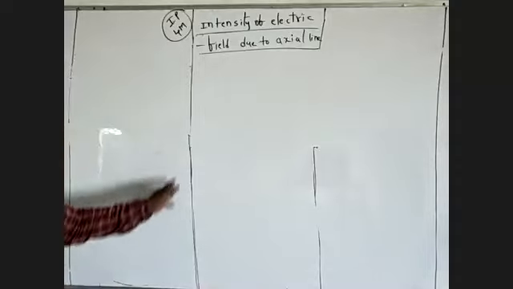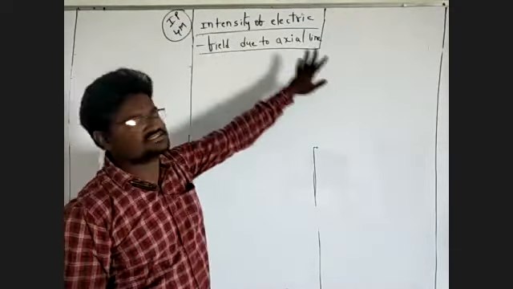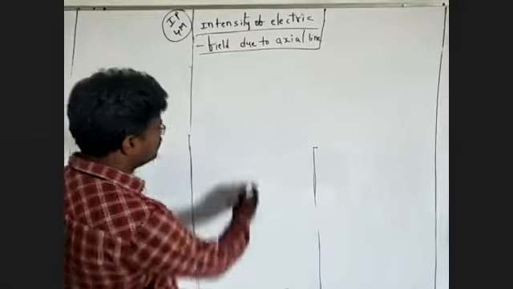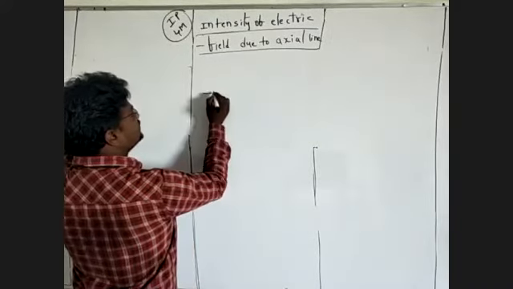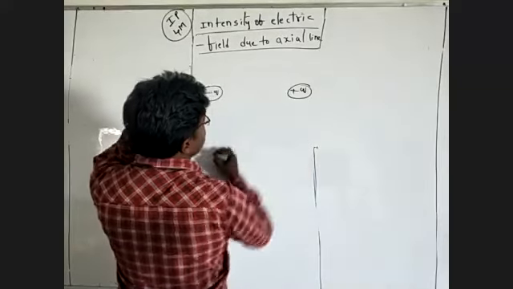Now we have to calculate the intensity of electric field due to the axial line. You see, this is a negative charge and this is a positive charge.